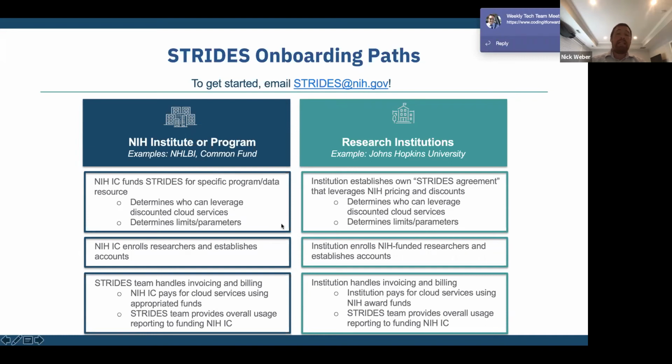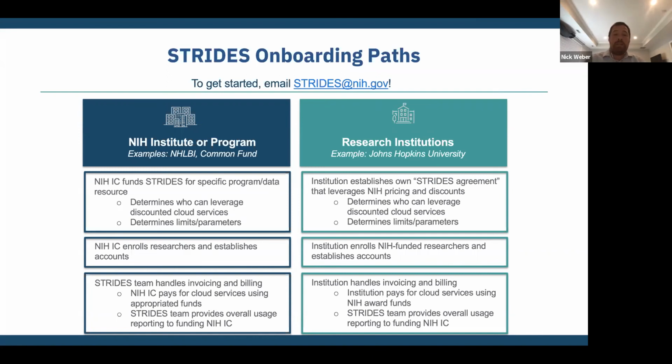The more likely path is the one on the right. So let me walk through that one. This is where a research institution, and I have the example of Johns Hopkins University here, happens to be an institution that we fund pretty heavily here at NIH. That institution can enroll by going through a set of steps to coordinate at the institution level with our commercial cloud service provider partners.